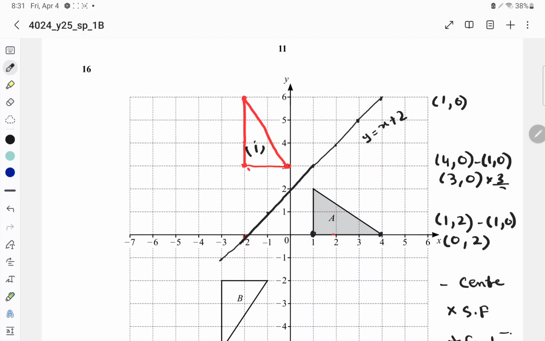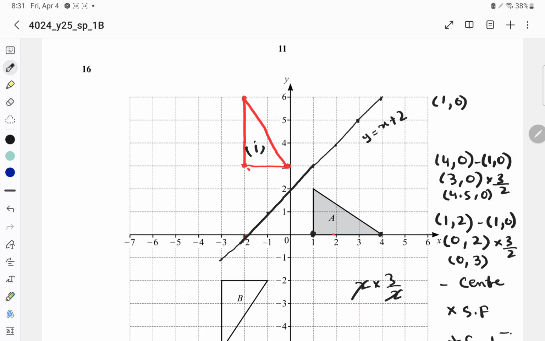Multiply by 3 upon 2 with both the x and y. 3 times 3 is 9, 9 over 2 means 4.5, and that is 0. That is becoming 0, and 2 times 3 upon 2 is becoming only 3. So that is becoming 4.5, 0 and 0, 3. Now what are we going to do?